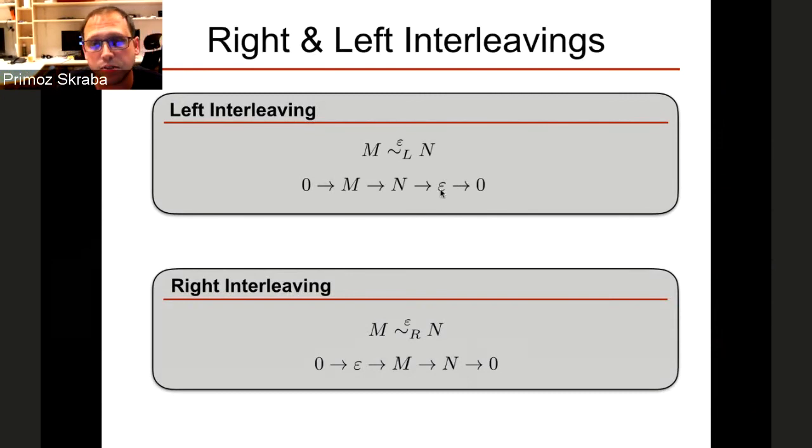Here I use epsilons for modules that are epsilon interleaved with 0. So clearly the map between M and N has to be an injective map. And the dual of this is where M and N have a surjective map, and the kernel of that map is epsilon interleaved with 0. We're going to call that a right interleaving.